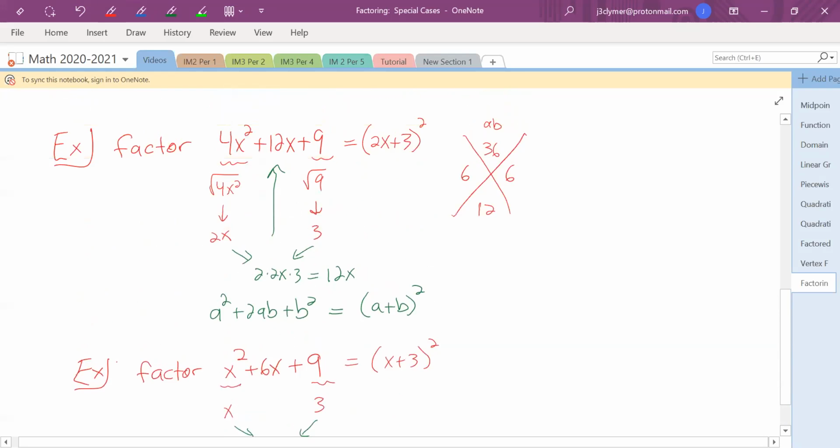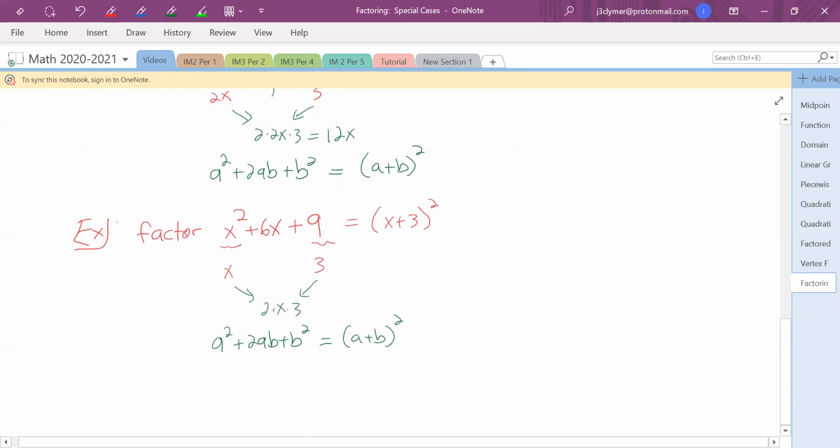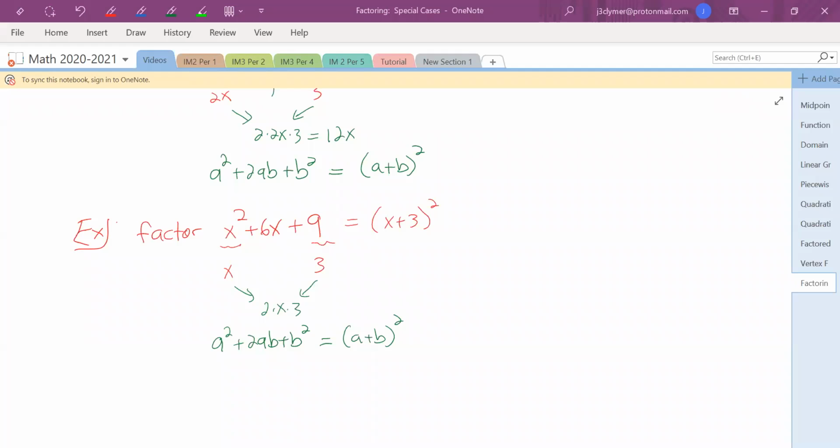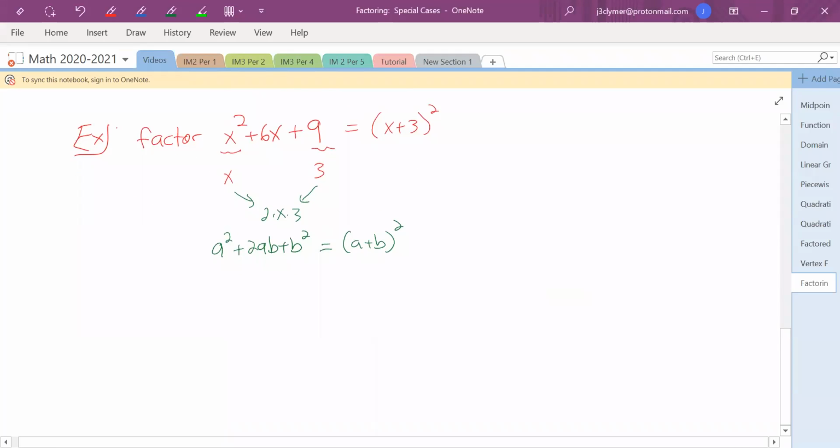The second of our special cases is called difference of squares. Let's go ahead and write that down since this is our second special case.